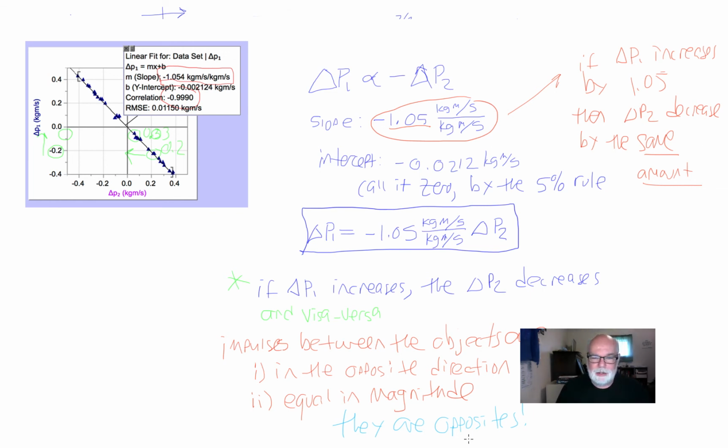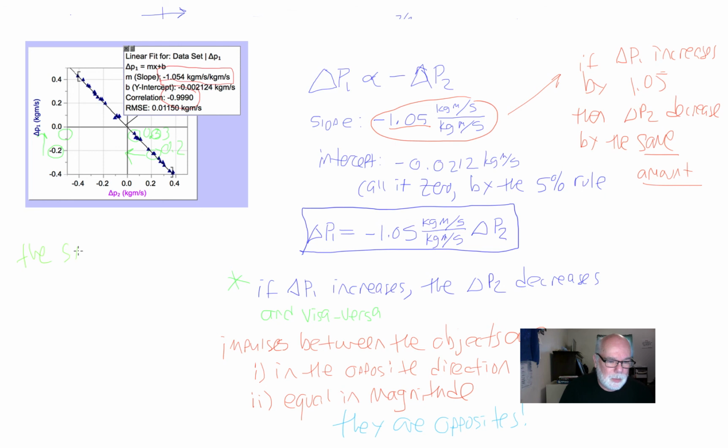And it has some rather interesting consequences, and that is that if I add these two impulses together, I will always get about zero, which means that the momentum of the total system of those two objects does not change.